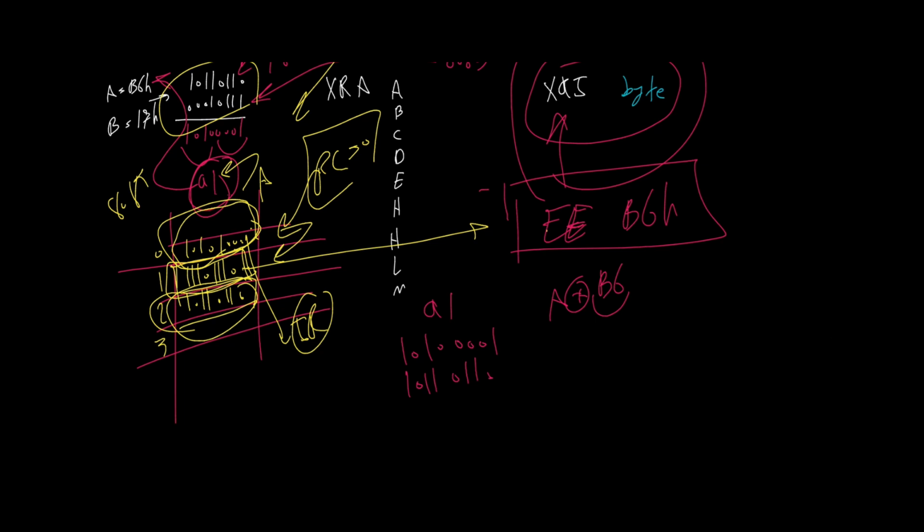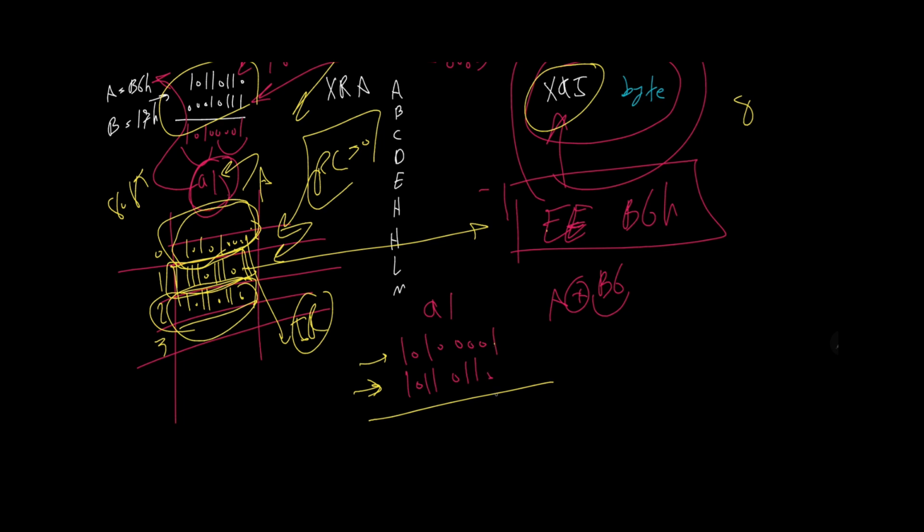The first byte is the opcode for the XRI, and the other byte is the data, the immediate value that should be inserted in one of the inputs of our 8-bit XOR. So this is the value of the A register, and this is the value provided as part of the instruction of XRI byte. XOR would be done based on the truth table that we explained.